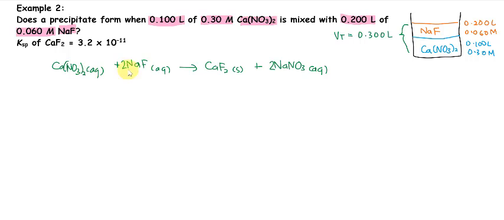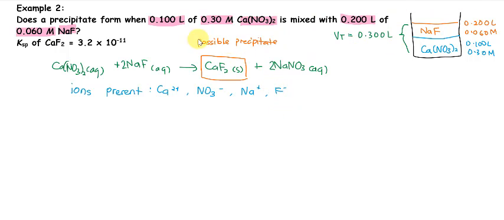When these two salts are mixed, they will produce CaF2, the insoluble salt, and NaNO3. So there are 4 ions present in the solution, which are Ca2+, NO3 minus, Na+, and F minus. So the possible precipitate is CaF2 because we have the KSP of CaF2 here.